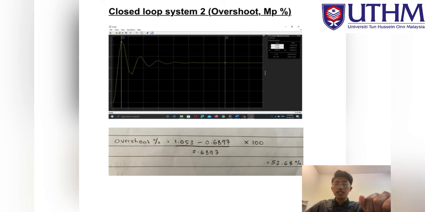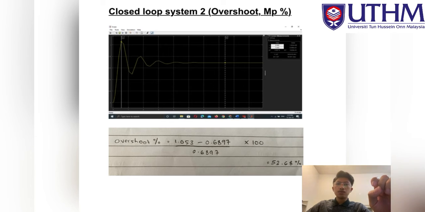For the closed loop system 1, max value is 1.053 minus final value 0.16897, over final value 0.16897, times 100, and we will get 0.68%.